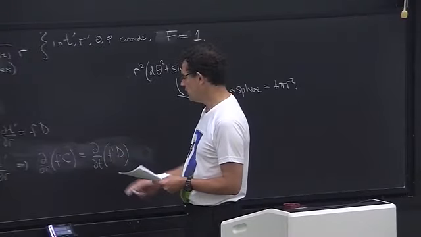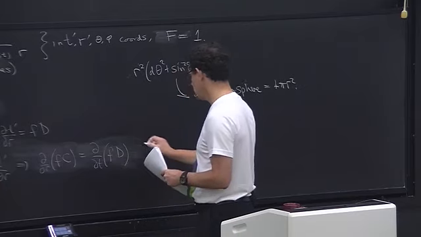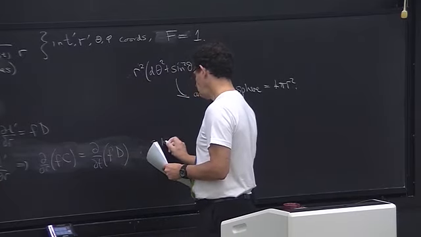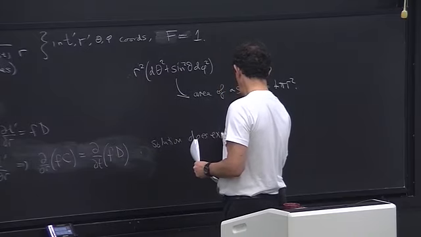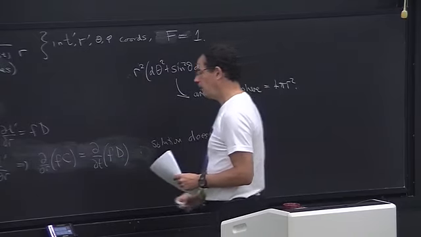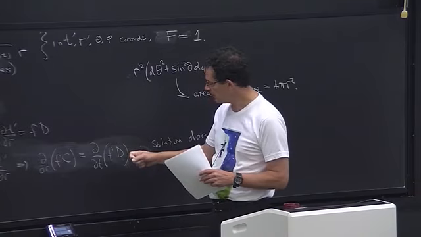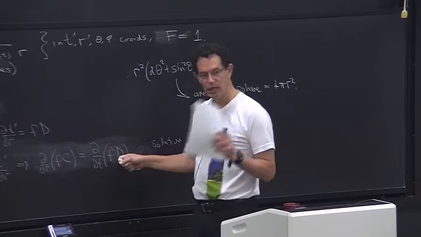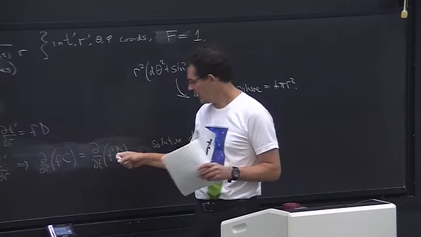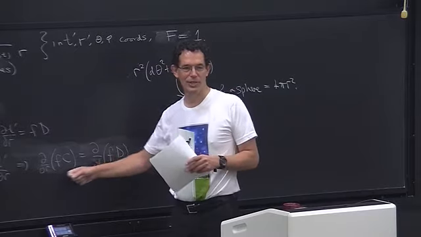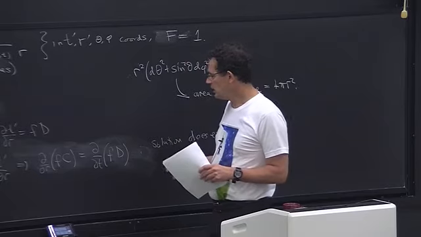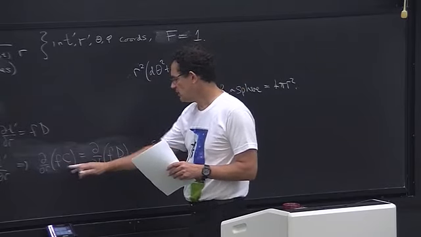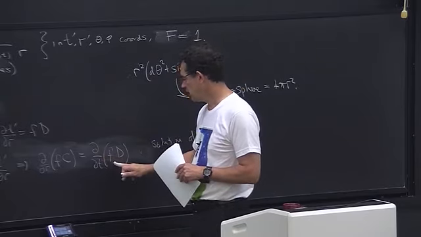Now, it's not hard to see that the solution does exist. An easy way to see it is that c and d are some given functions of r and t. I want to see, is there an f such that this equation is true? And the way to see it is to notice that this is like a time evolution equation.